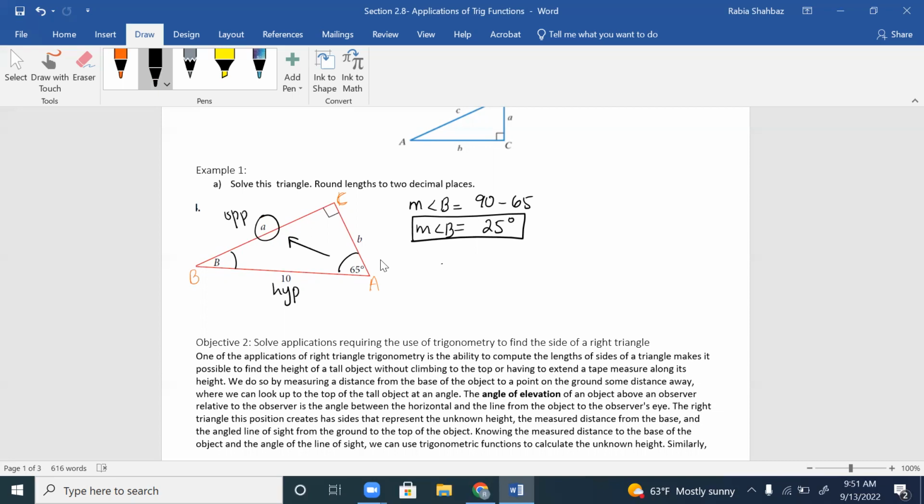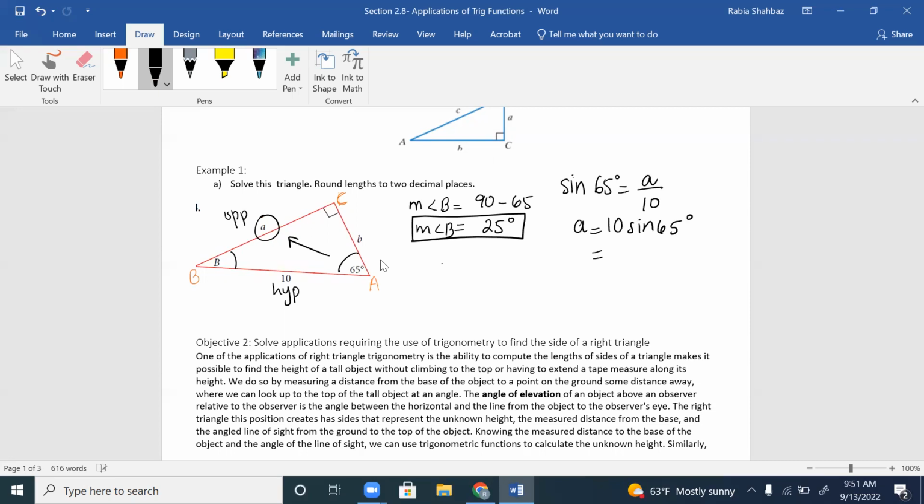So let's go ahead and first find side A. Since side A is the opposite side and I already know the hypotenuse, the trig ratio that I will use is sine. So sine of 65, it's important that you put them in the correct order. Opposite over hypotenuse, so A over 10, which means A is equal to 10 times sine of 65.